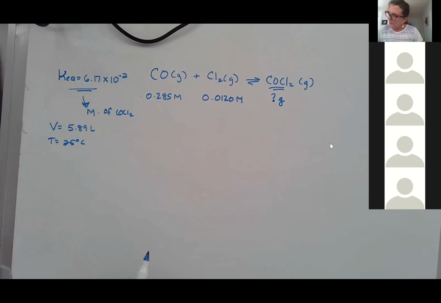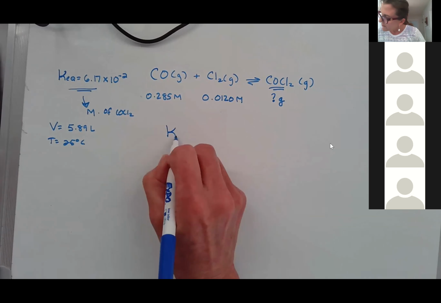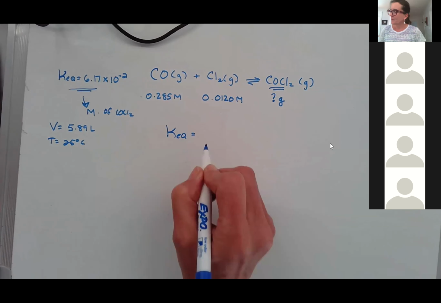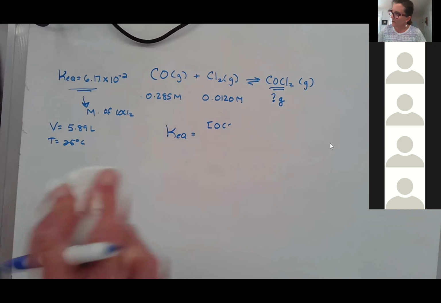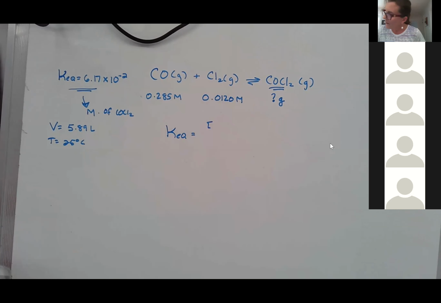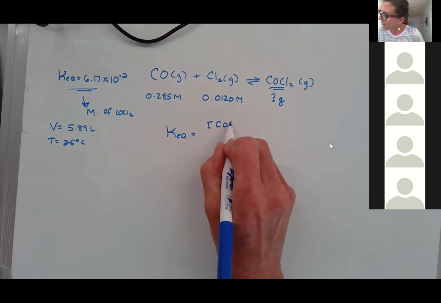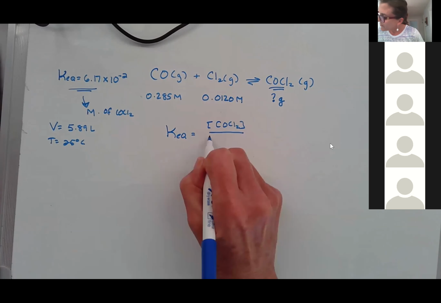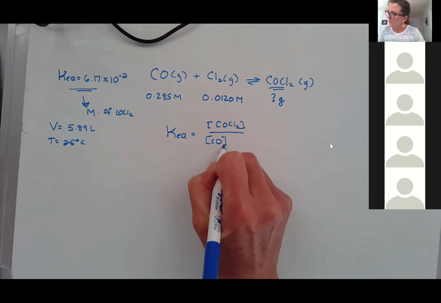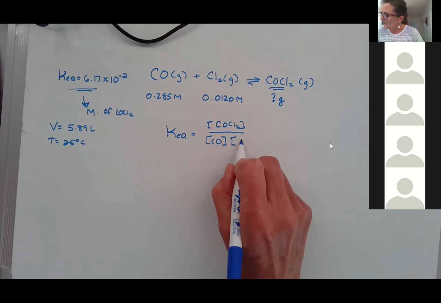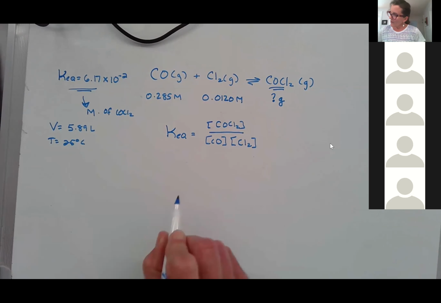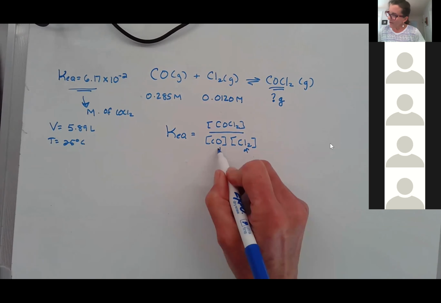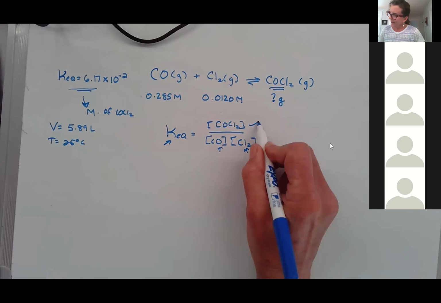The equilibrium constant is equal to the concentration of COCl2 divided by the concentration of CO times the concentration of Cl2, and we've been given those two.